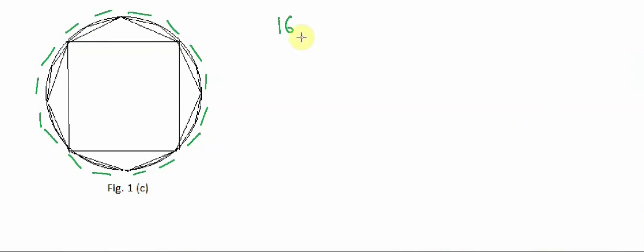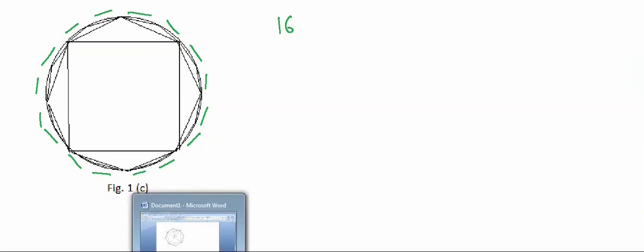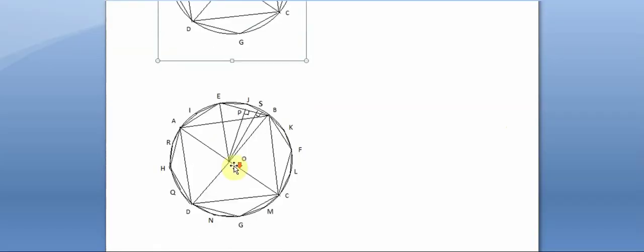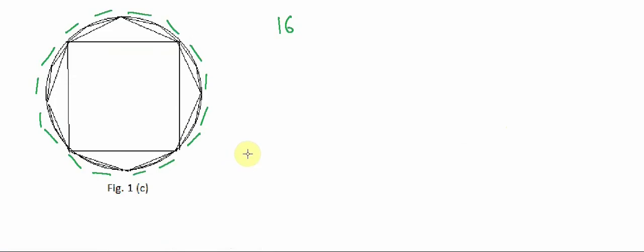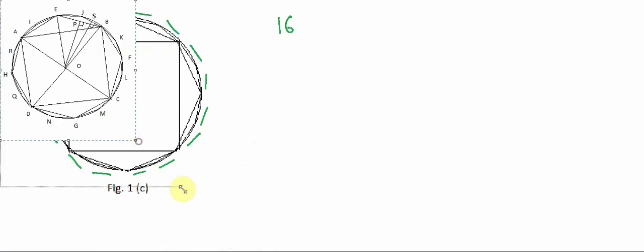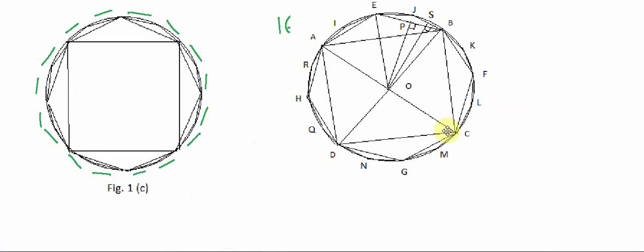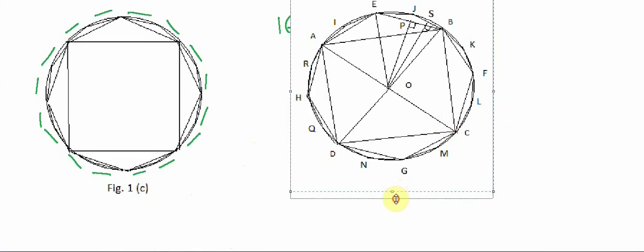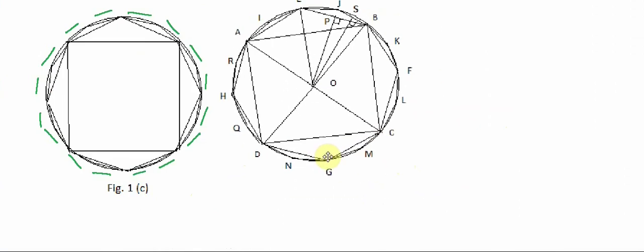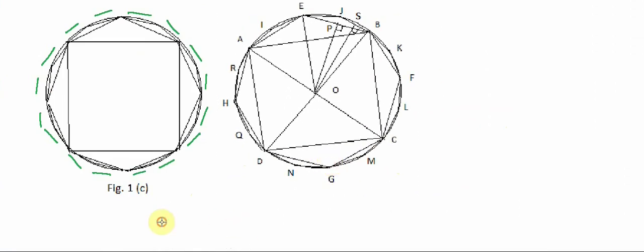16 gons, 16 sides. So let us find the area in a similar manner. So I take the diagram over here. Alright, so in a similar manner we find the area of the 16 gon.